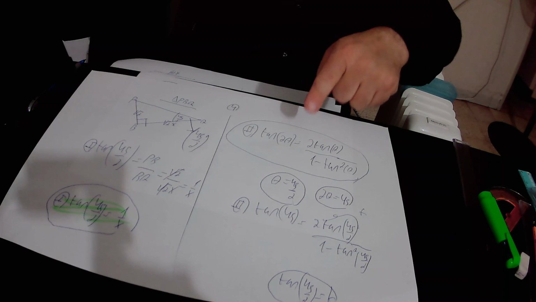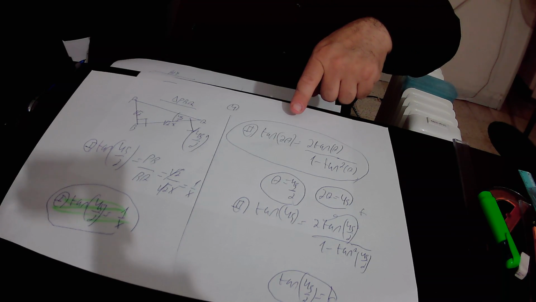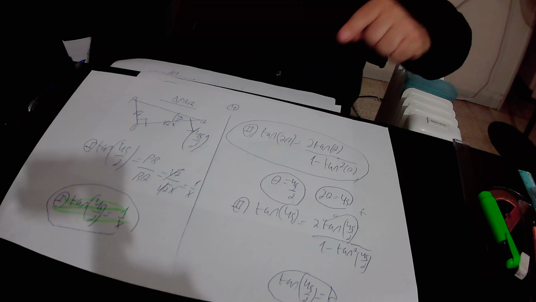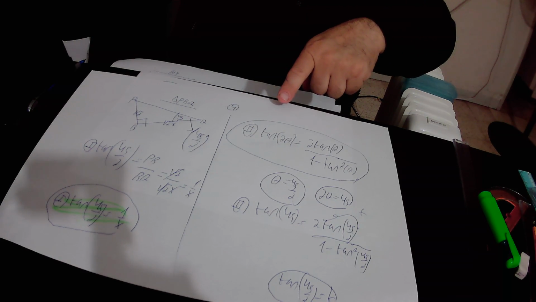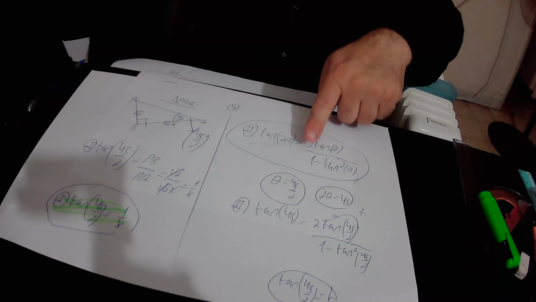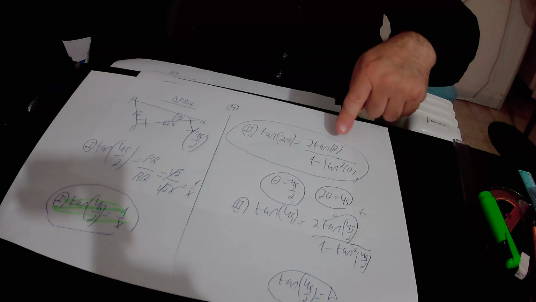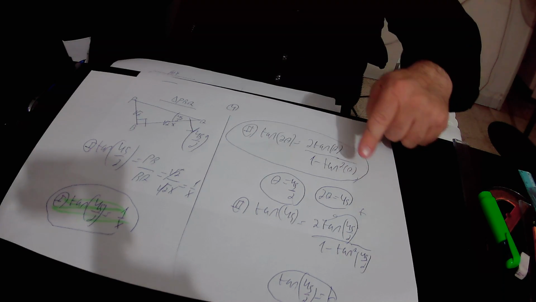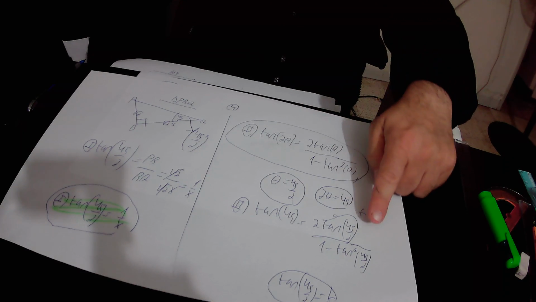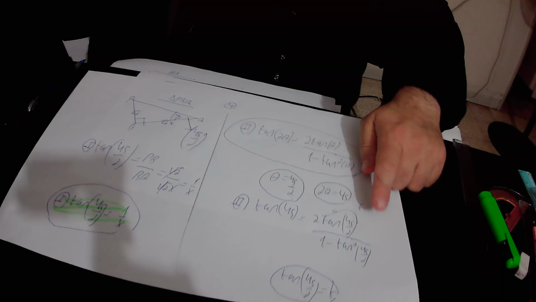So tangent 45 degrees equals 2 tangent 45 over 2 degrees over 1 minus tangent square 45 over 2 degrees.